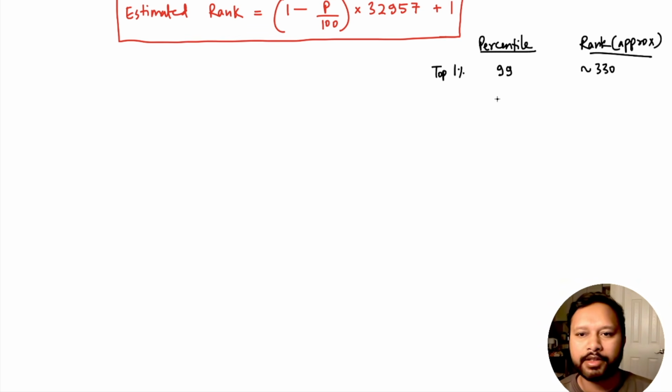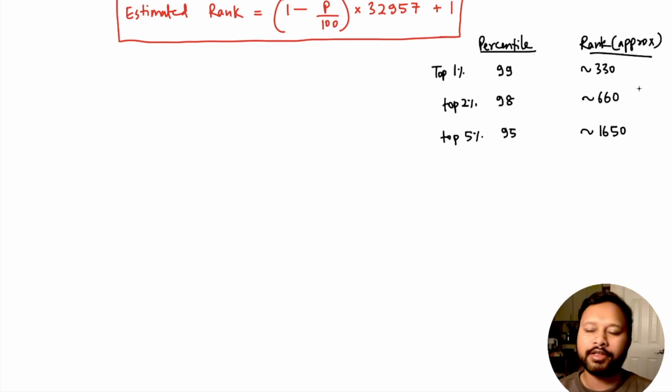If your percentile is 98, then you are among the top 2% candidates, and in that case your rank is approximately 660. Again, these are approximate values which I'm giving you. And if your percentile is 95, then you are among the top 5% candidates, and it is approximately 1650.